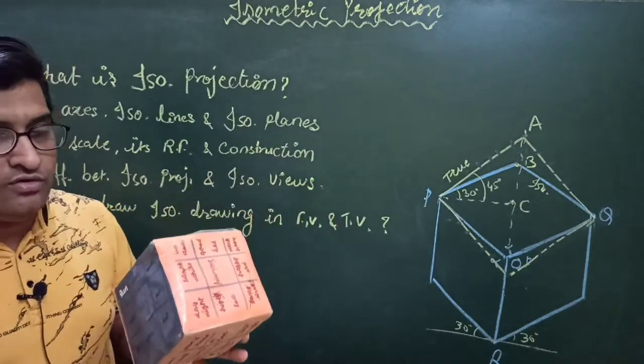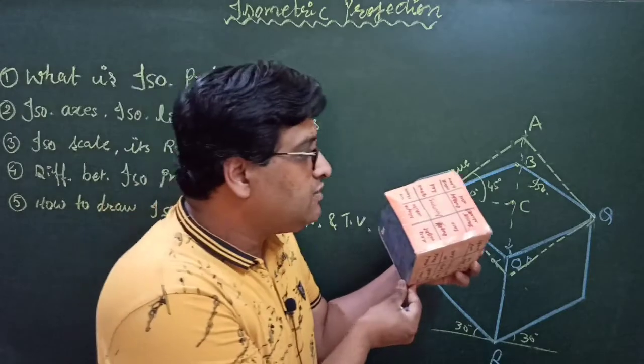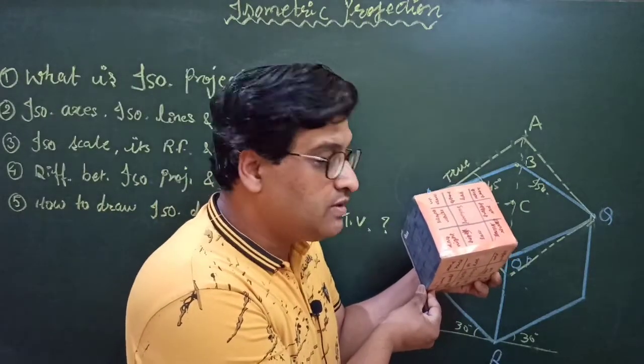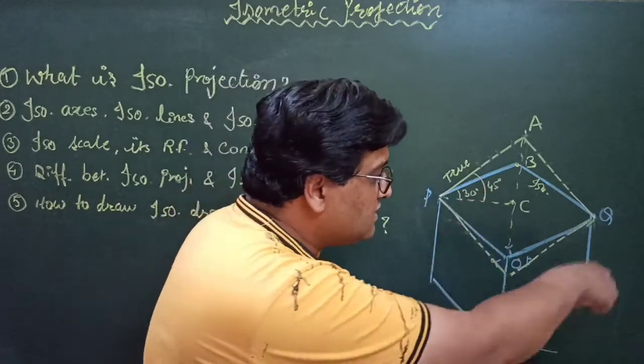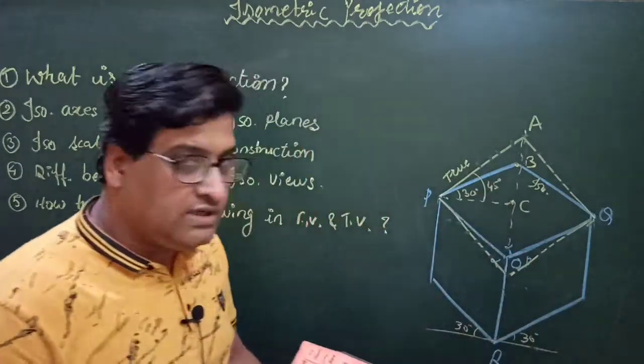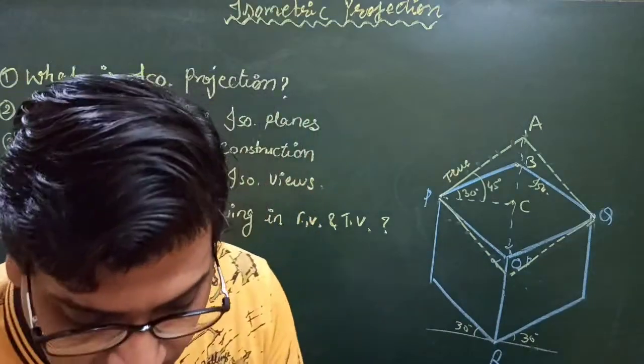In that particular question, the front view obtained was isometric projection of the cube. So this was the front view in that particular question, if you have remembered that, and this is nothing but isometric projection of a cube.